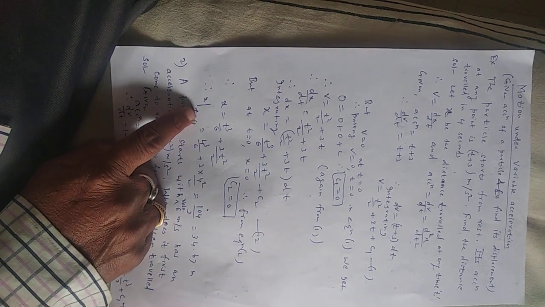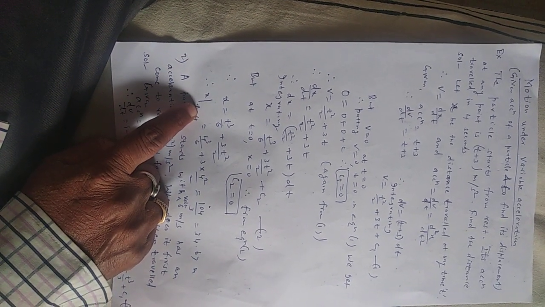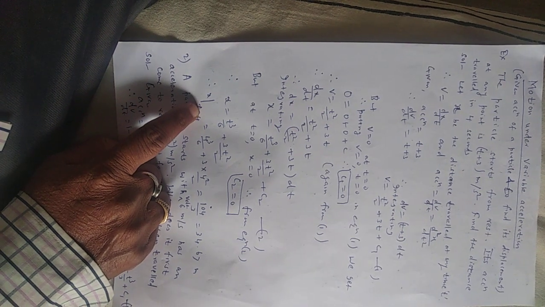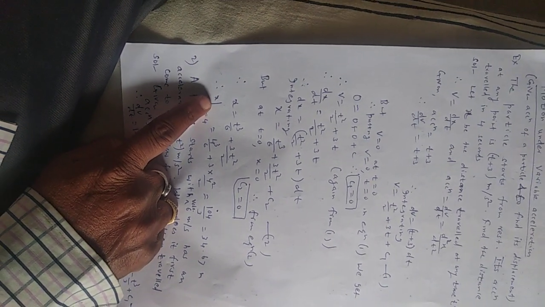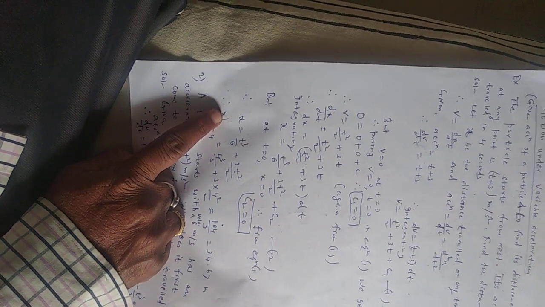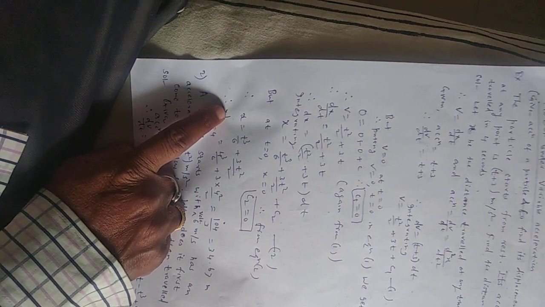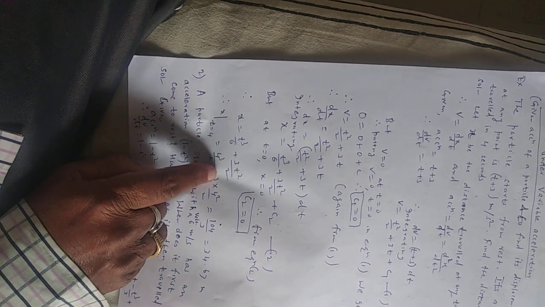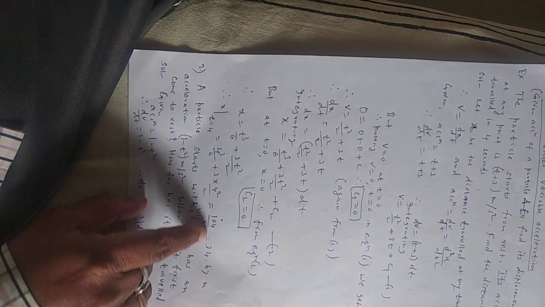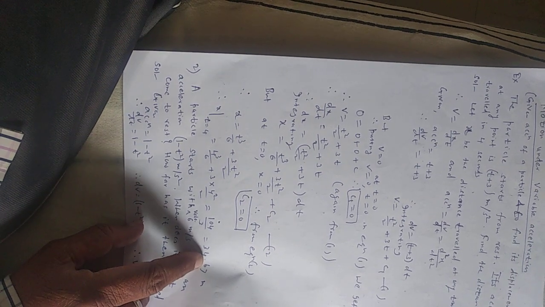Our answer is what we want: the distance traveled in 4 seconds. x is the distance traveled, so when t is equal to 4, we have to find x. So x in terms of t is like this. Put t is equal to 4 there and get the answer.